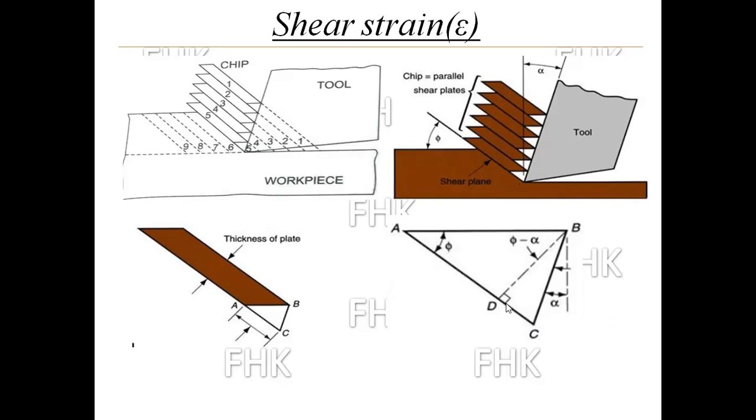The shear plane makes an angle with the direction of cutting, that is the shear plane angle phi. For finding the shear strain, we have to find this angle. What will this angle be? This will be phi, this will be 90 degrees, and the remaining angle ABD will be 90 minus phi.